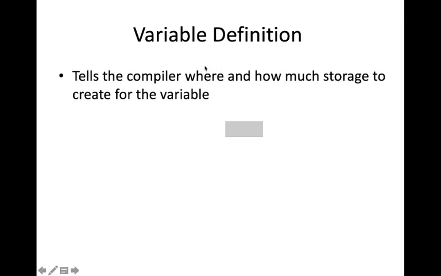Variable definition tells the compiler where and how much storage to create for the variable. So where the storage location should be and how much space should be allocated for that variable.